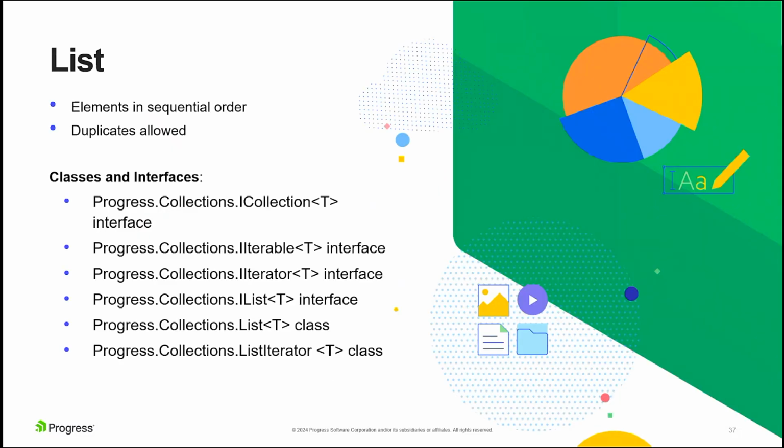List collection, as the name suggests, is a list which maintains a set of elements to be accessed in sequential order. When working with a list, duplicate elements are allowed. Here are a few interfaces and classes that are added to support the list collection. ICollection and IIterable interfaces are at a high level and are common to all the collections in ABL.